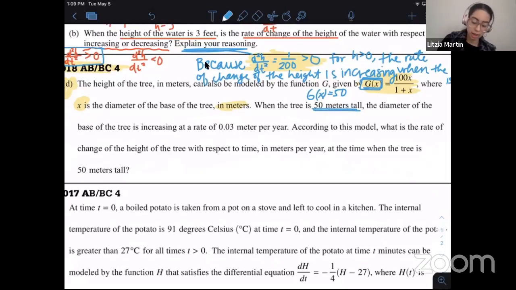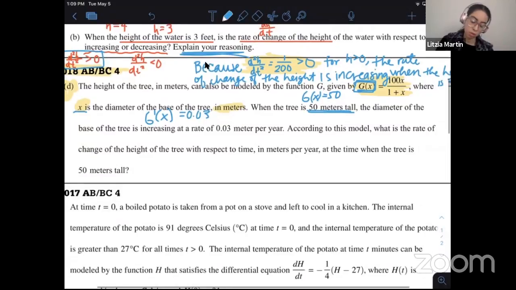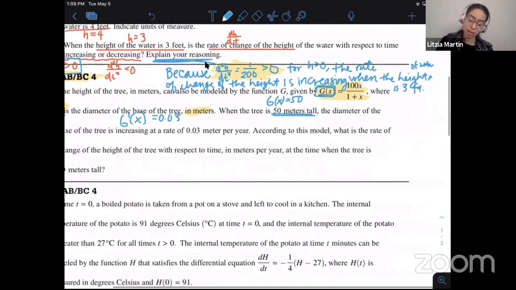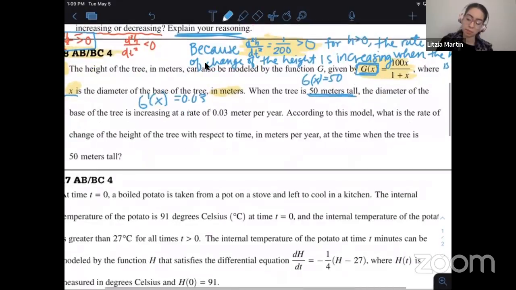Diameter is based off of x, so basically this is saying x is increasing at a rate of 0.03 meters per year. According to this model, what is the rate of change of the height of the tree with respect to time at the time when the tree is 50 meters tall?